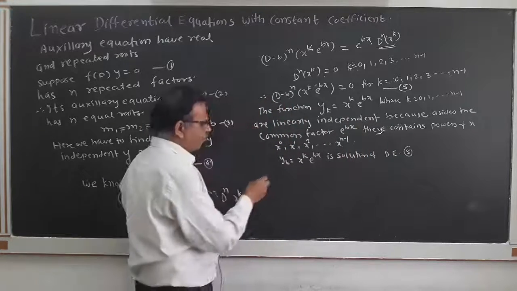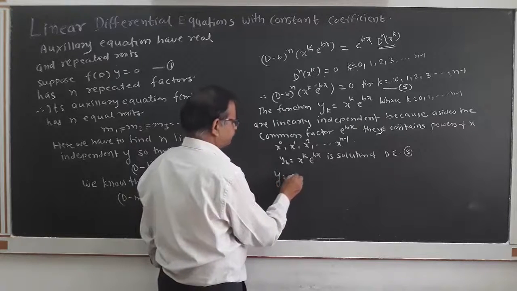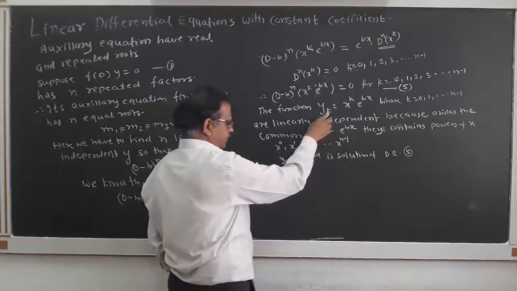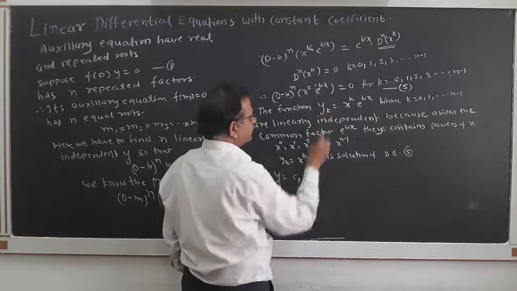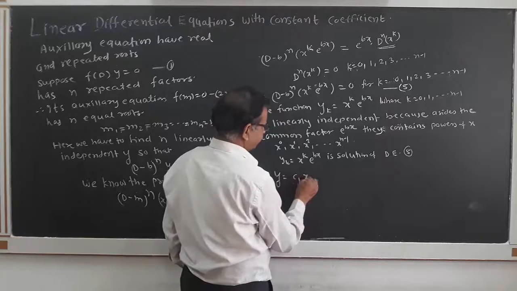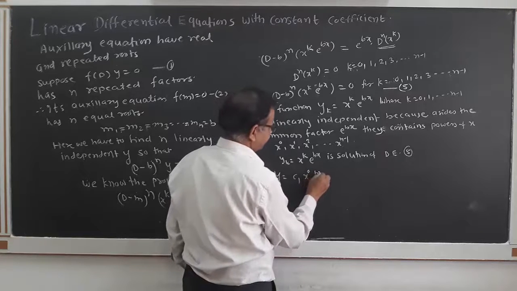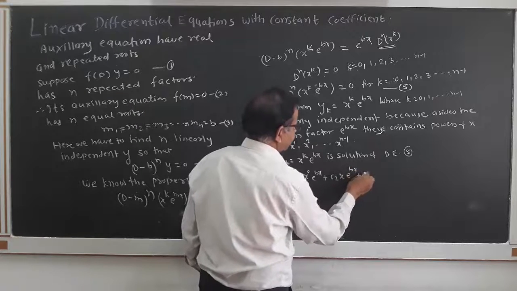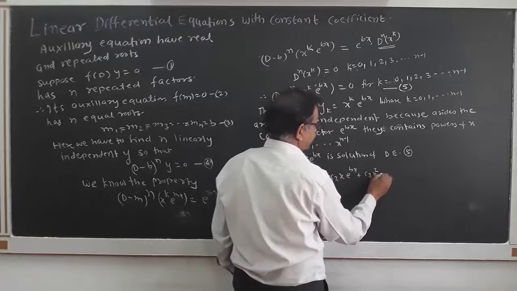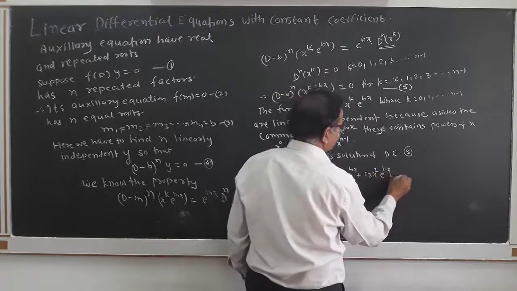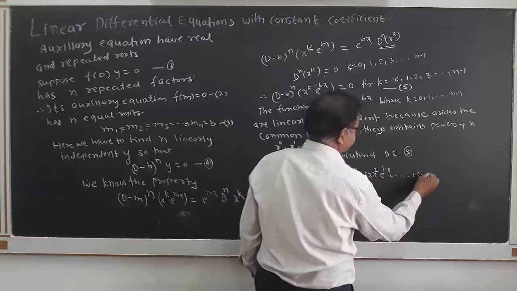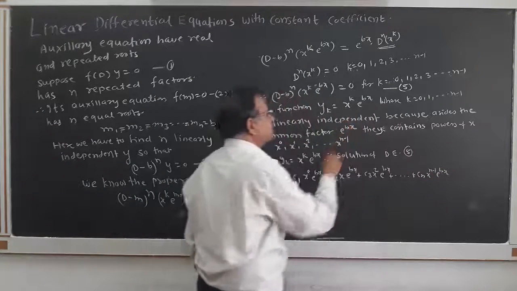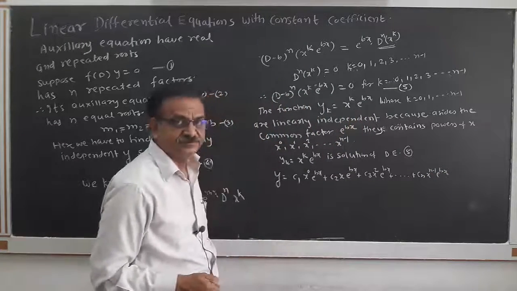And hence, y equal to C1 x raised to 0 e raised to bx plus C2 x e raised to bx plus C3 x square e raised to bx plus Cn x raised to n minus 1 e raised to bx is a solution of the differential equation 5.